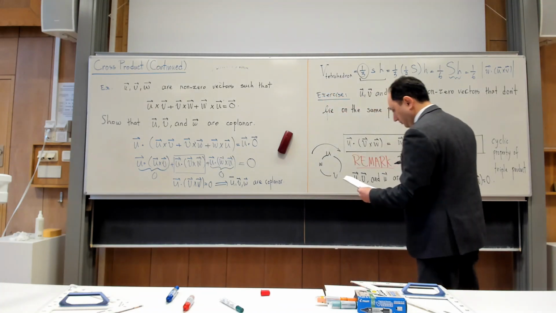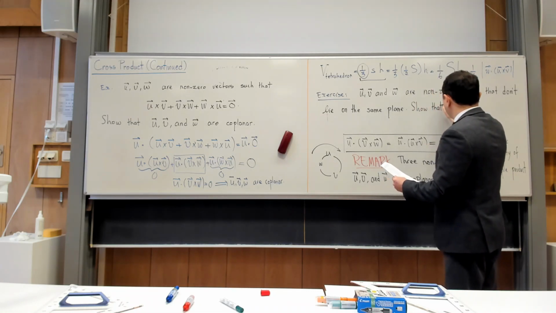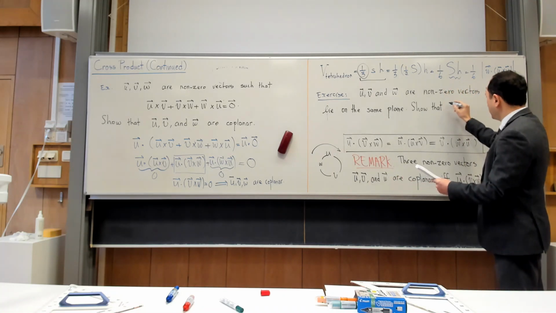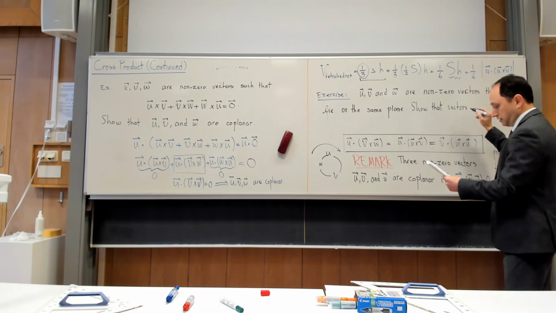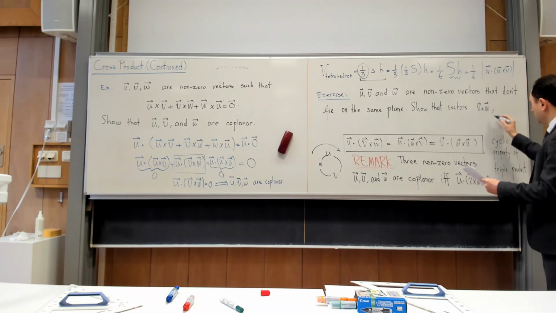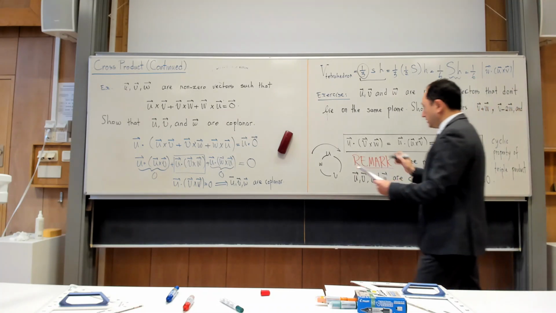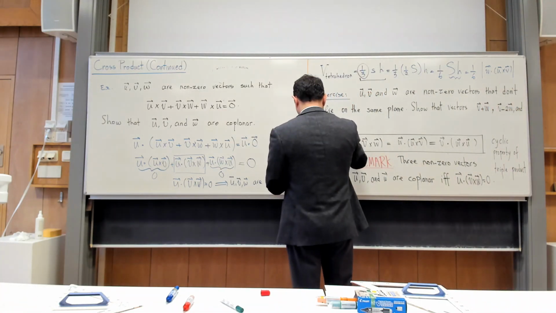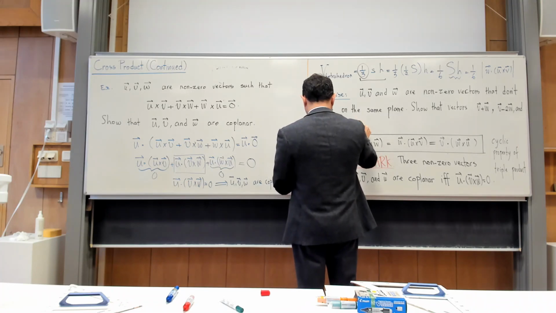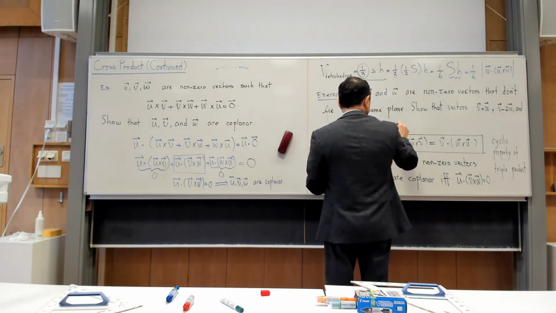Show that the vectors V plus W, V minus 2W, and 2 times U plus V plus 3W are not coplanar.